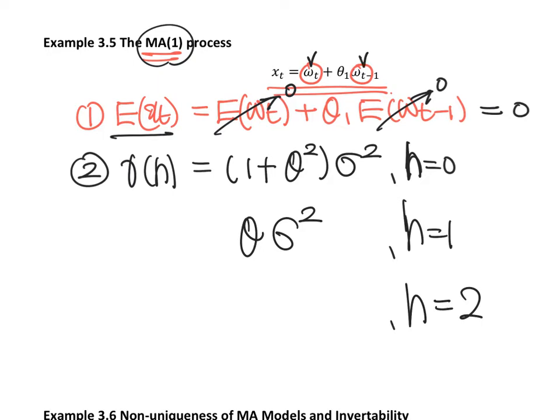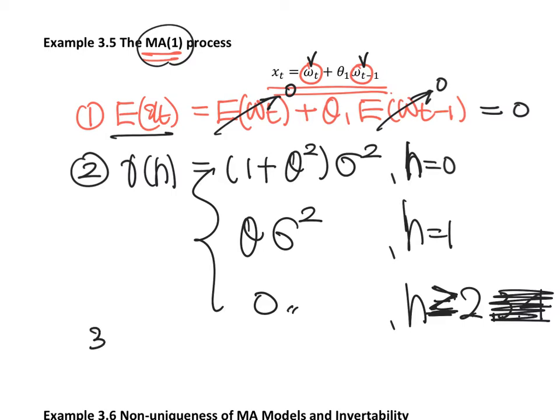So when h equals 2, there is no covariance. It's not only h equals 2, but also 3, 4, 5. They are all 0. There's no correlation, no covariance. So simply we can say that when h is bigger than or equal to 2, that means 2, 3, 4, 5, and so on, then the autocovariance will be 0. So now we can take the ACF.